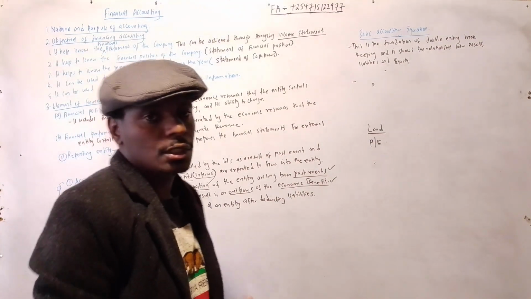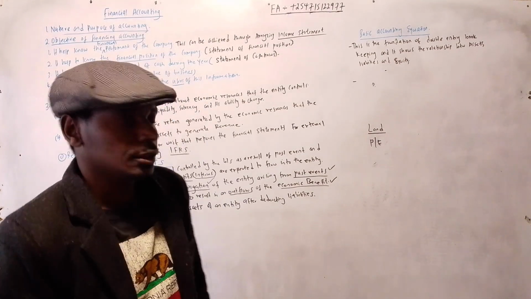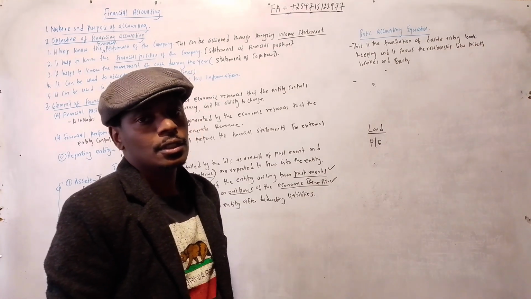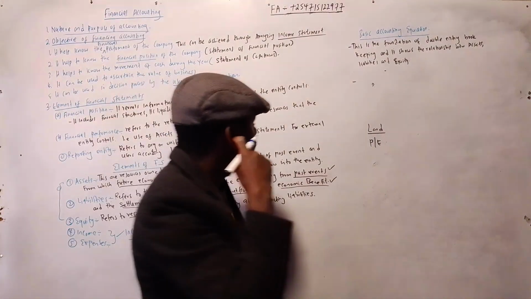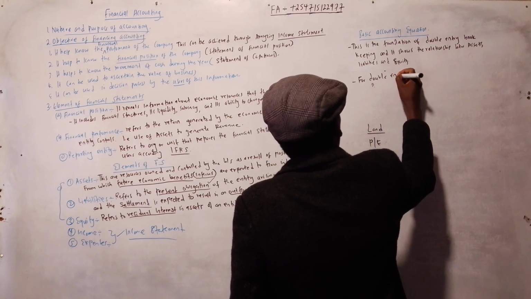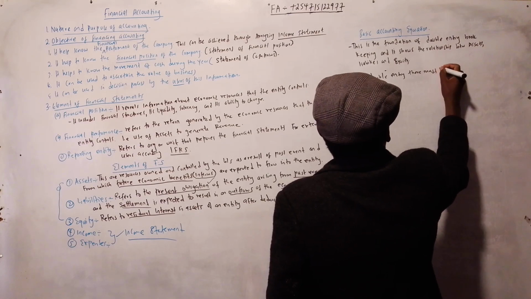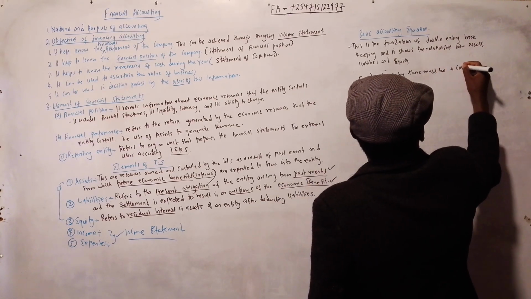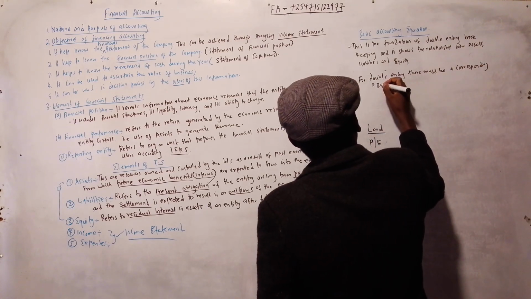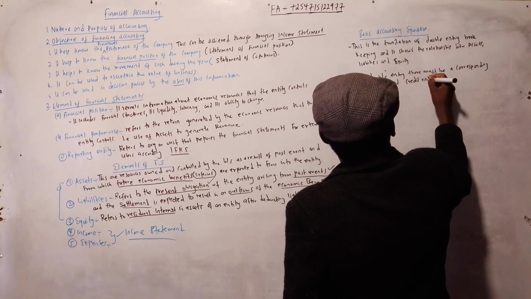Now remember, for double entry, we say for every transaction there must be a debit and a credit. Once we do a transaction, there must be a corresponding debit and credit entry. We shall do that later.